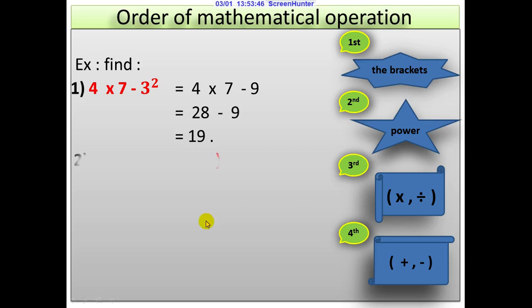The second exercise. He gave me 20 divided by 5 plus 8 minus open brackets 4 minus 1. Which is the first one? Yes, we must do brackets. So we keep the whole problem as it is, 20 divided by 5 plus 8, minus, and calculate the brackets, it will be 3.